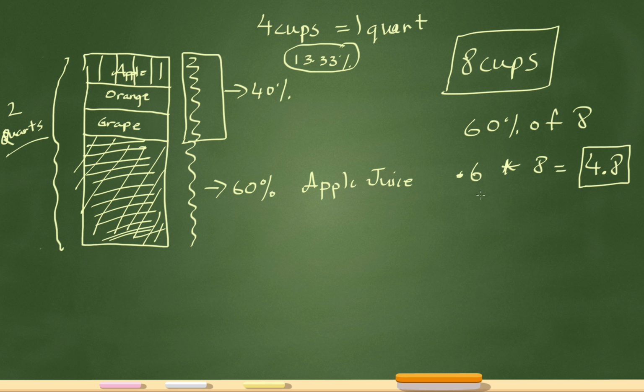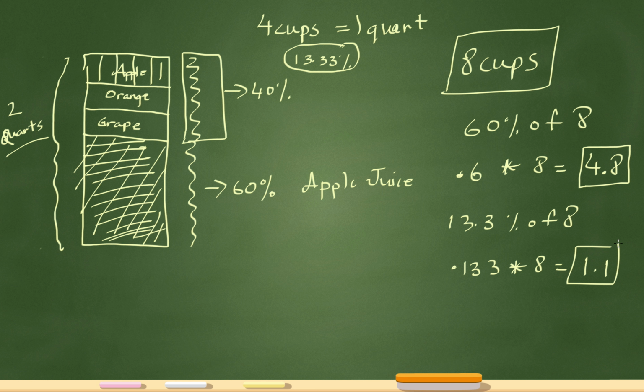So again, now I'll just take it over here. If I know that this apple juice is 13.33% of the whole thing, I'll just calculate 13.3% of 8, and that'll just be 0.133 times 8, and that gives me 1.1 approximately.